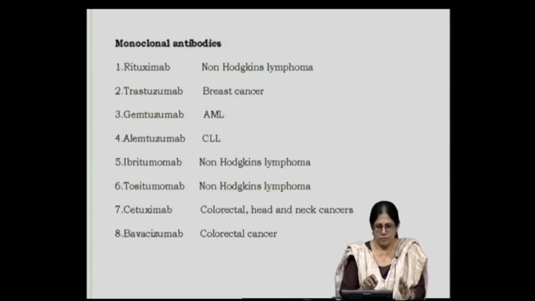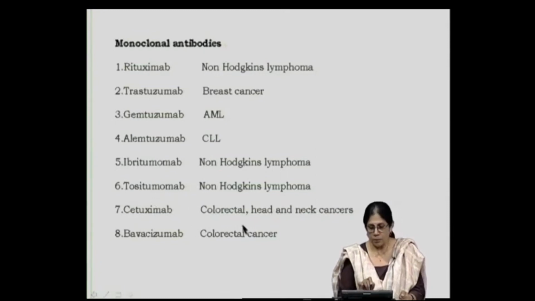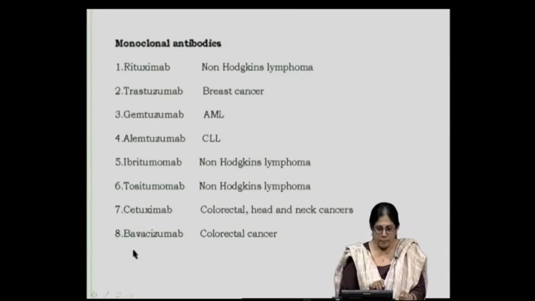Let us just go through them: rituximab to treat non-Hodgkin's lymphoma, trastuzumab breast cancer, gemtuzumab acute myeloid leukemia, alemtuzumab chronic lymphocytic leukemia, ibrutinib non-Hodgkin's lymphoma, so also tocilizumab non-Hodgkin's lymphoma, cetuximab colorectal and head and neck cancers, bevacizumab colorectal cancer.